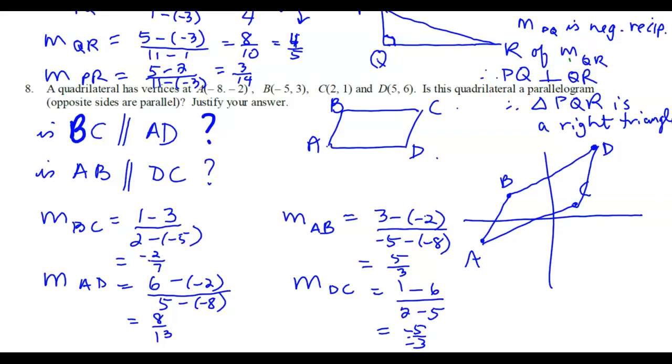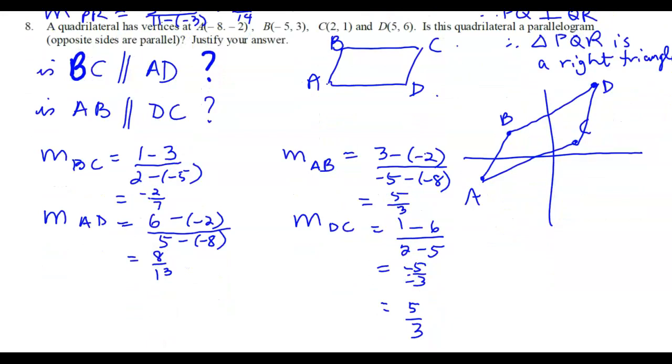Okay, so conventionally it should be labeled A, B, C, D, but when these notes were made, it was switched around. So if you take a look at it, I did a sketch to make sure that these were in the right place. I did see that AB and DC are equal slopes.